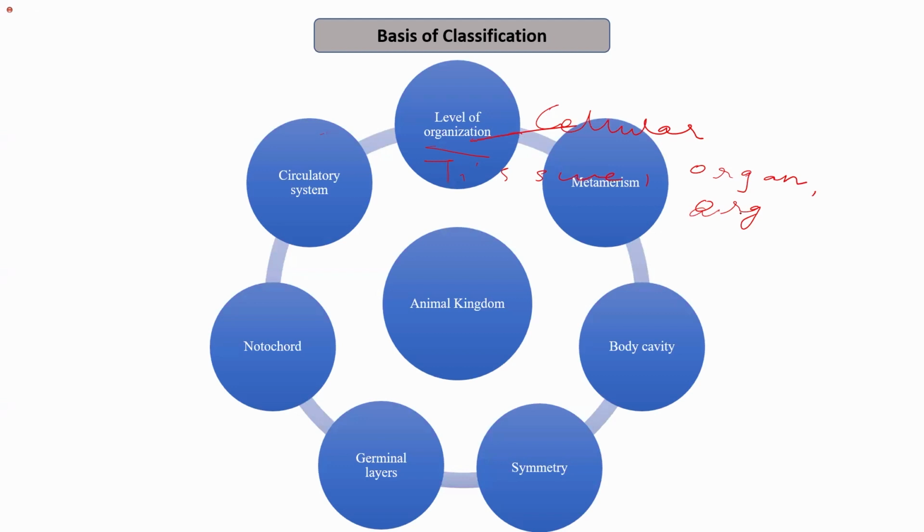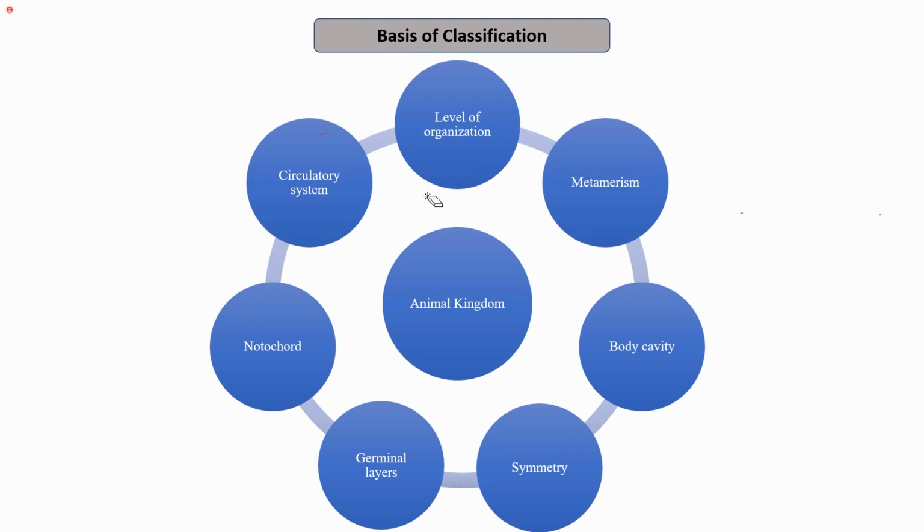On that basis, different phyla were classified. Like the phylum Porifera has cellular level of organization. It does not have a cluster of cells that can be called tissues. So different phyla were divided into different levels of organization.